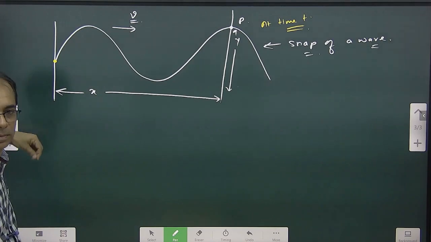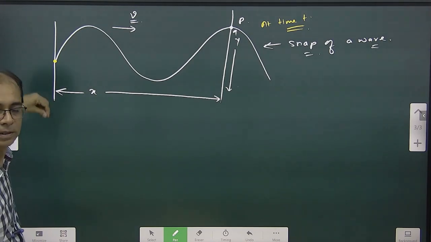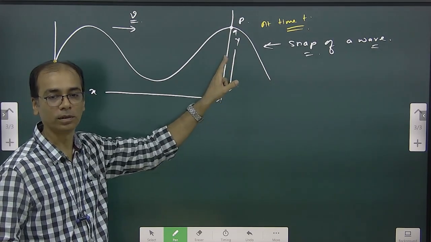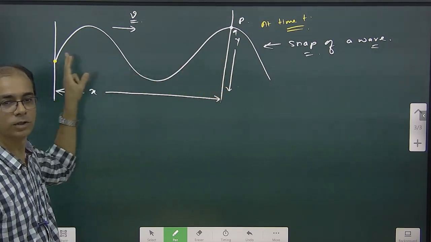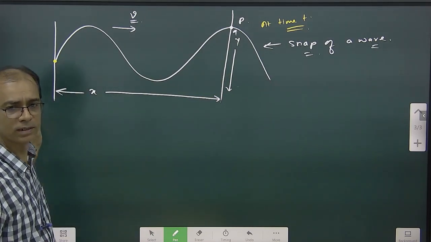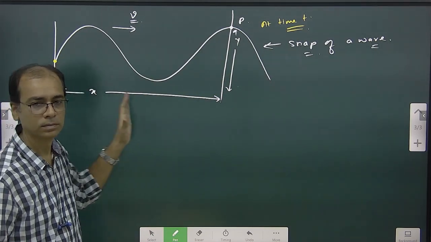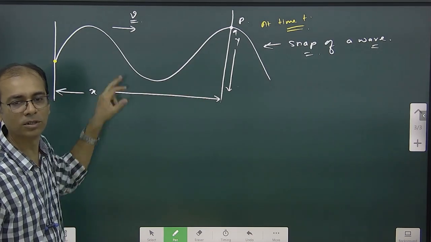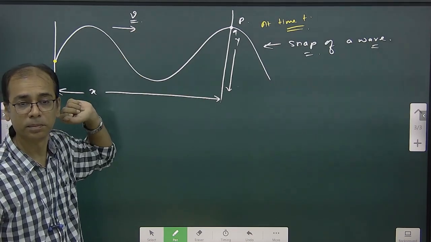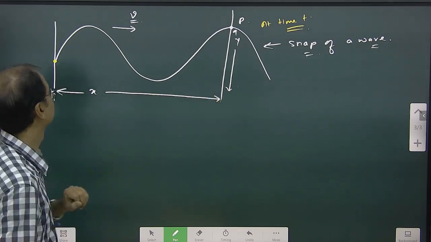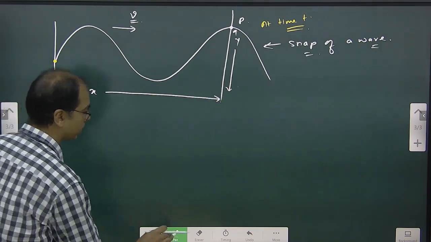So how much time before this point, this position was for this particle? You say it's easy, because the wave has taken certain time to travel. Wave has moved from here to here. How much distance? x distance. In how much time? x by v time. Correct or not?